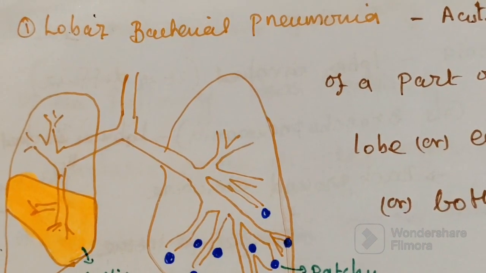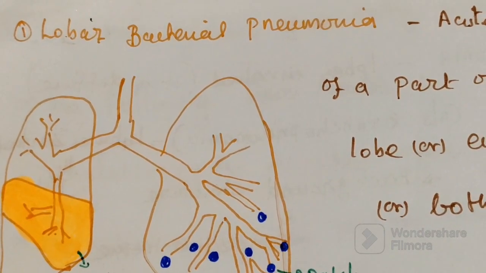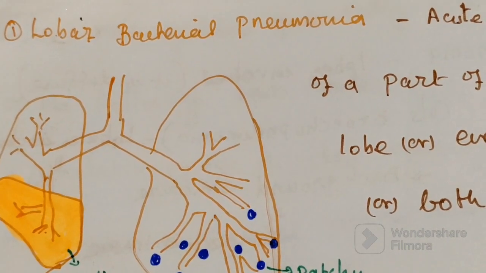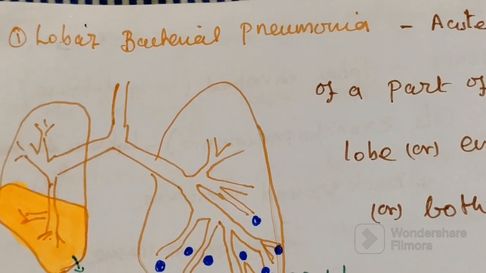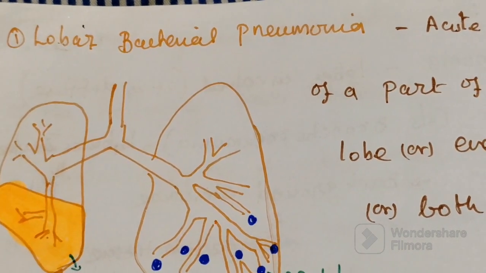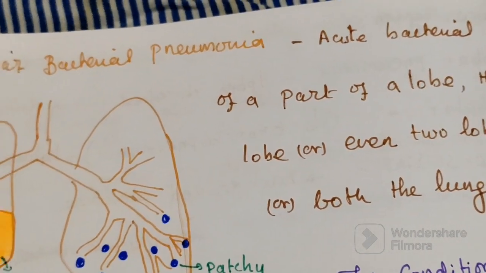So fungus and virus are always interstitial, also known as atypical pneumonia, involving only connective tissue, only the background. Bacterial lobar pneumonia has 4 stages.